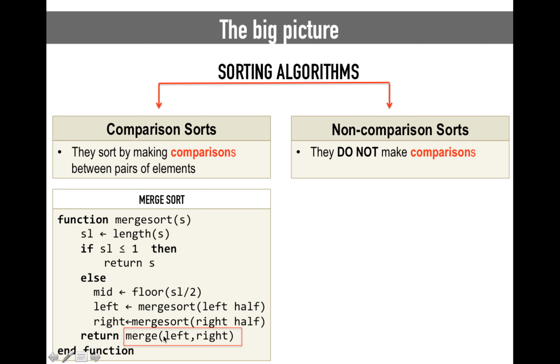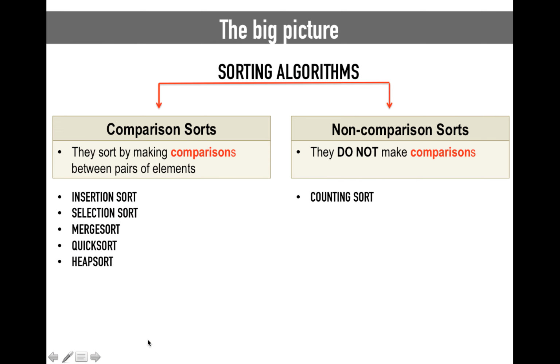So the key part of merge sort is here, and counting sort again. So all the sorting algorithms you have seen so far are of the type of comparison sorts, except counting sort. So this is the first important thing you should know.